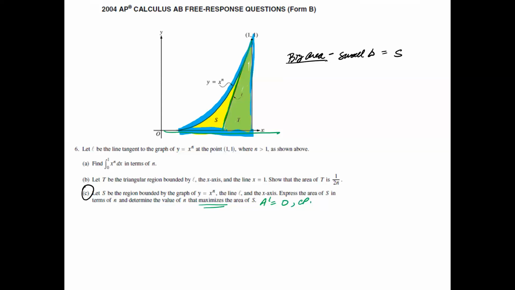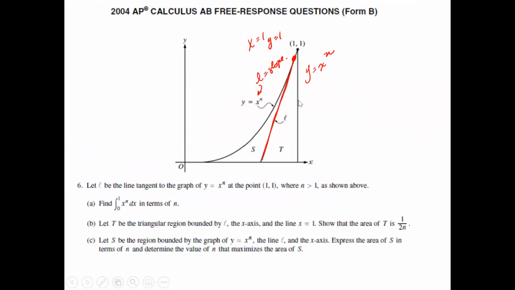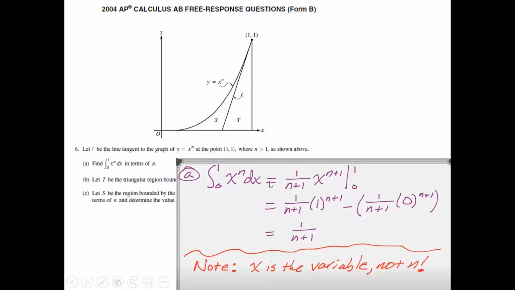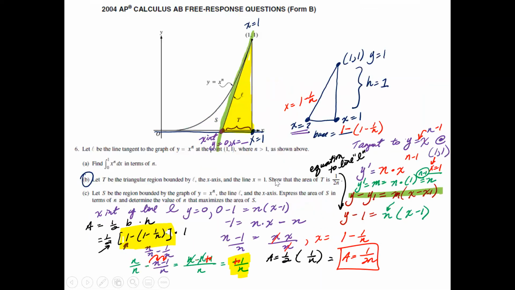Your big area is from what we found from part A, which was 1 over n plus 1. Then your triangle that you just found, the area of the triangle from part B was 1 over 2n.